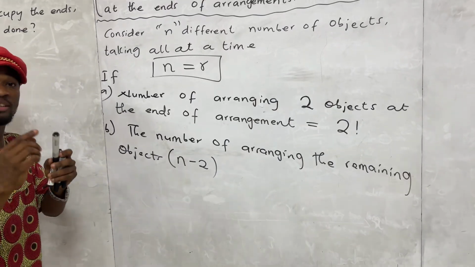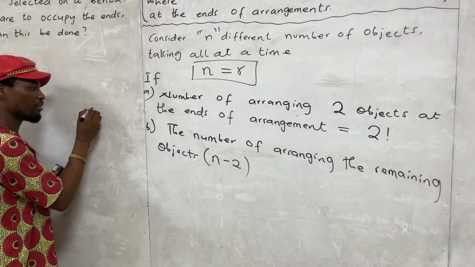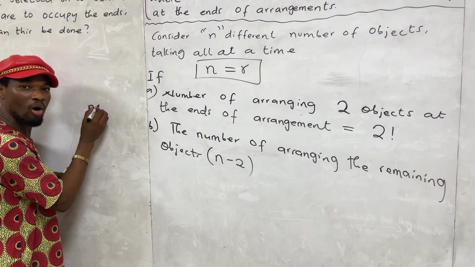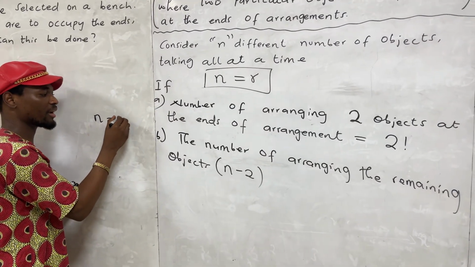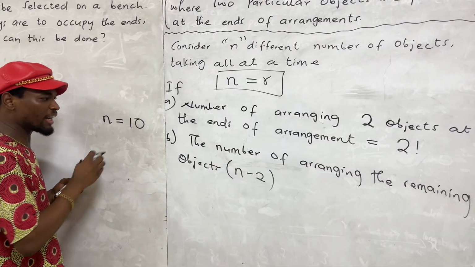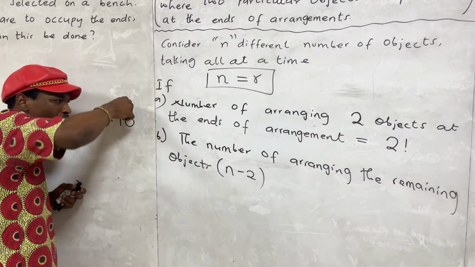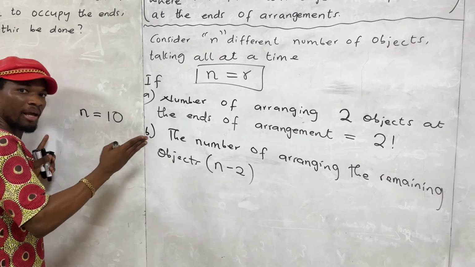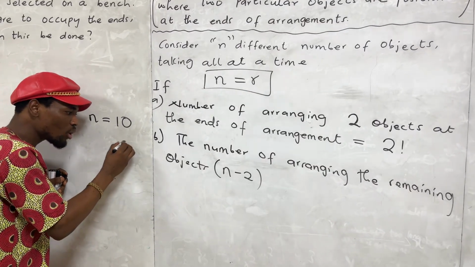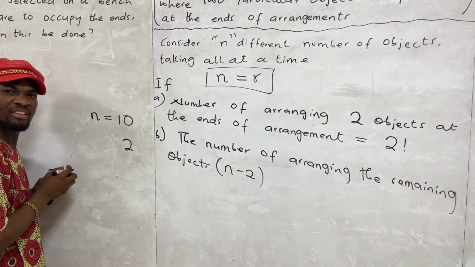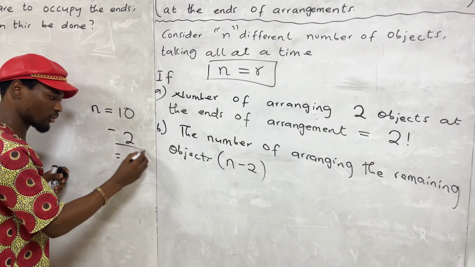Viewers, what it means is this. Let's say you have n, the total number of objects, and this n is equal to, let's say, 10. Out of this 10, you take 2 objects or items and you want to position them at the ends. You take 2 out. What is the remaining? 10 minus 2, which is equal to 8.